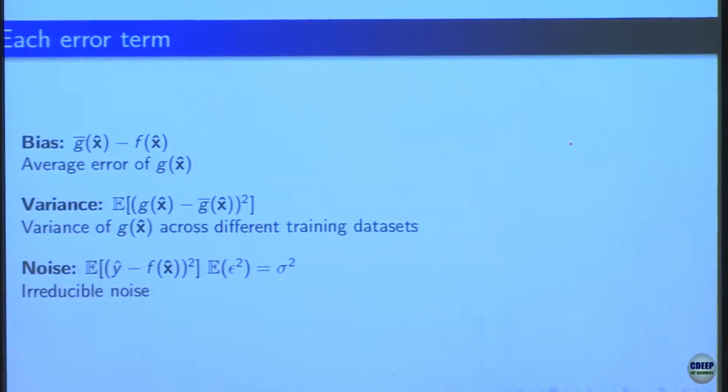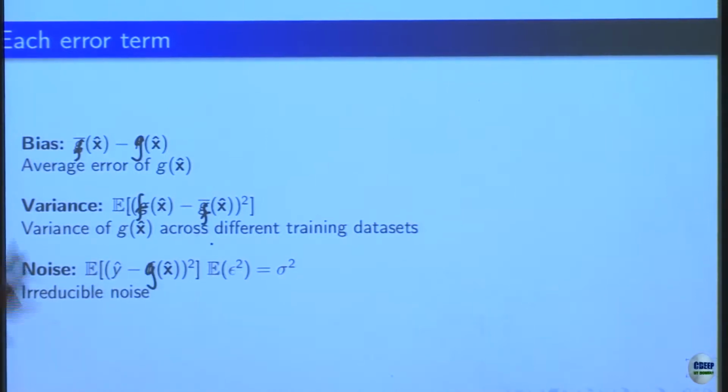Okay, so just again, bias is the average error of G. Variance is, oh I am sorry, there's a small flip in notation here. This should be F, this should be G. I forgot to, so I just changed the notation.